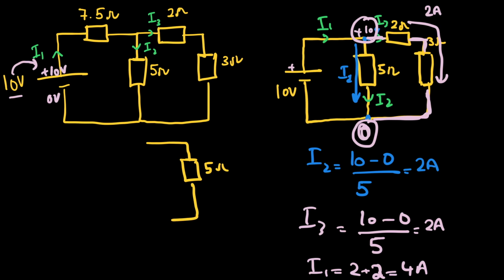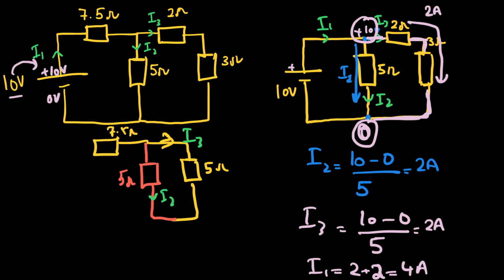Now 5 ohms ये आ गए, और इन 5 ohm में से जो current गुजर रहा है, in a different pen, that is I3. Now you have the middle branch, that is also 5 ohms, और उसमें से जो current गुजर रहा है, that is I2. And then you have the third branch, this one, where you have 7.5 ohms, and you have your cell connected here, and the current that is coming is I1.